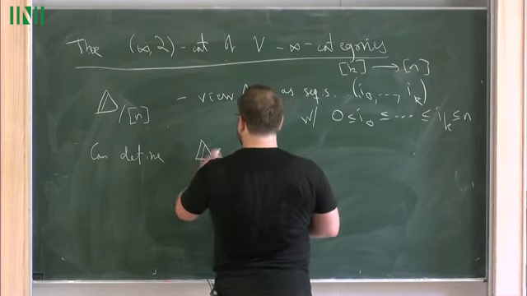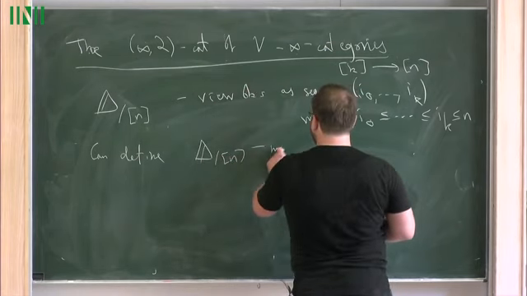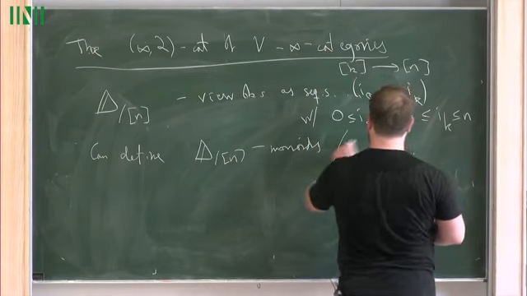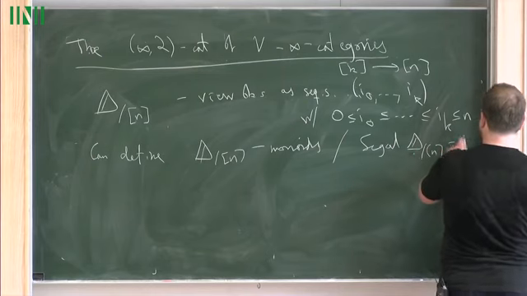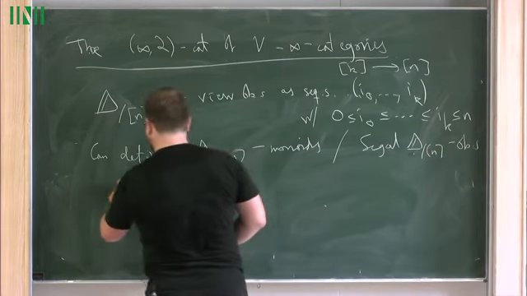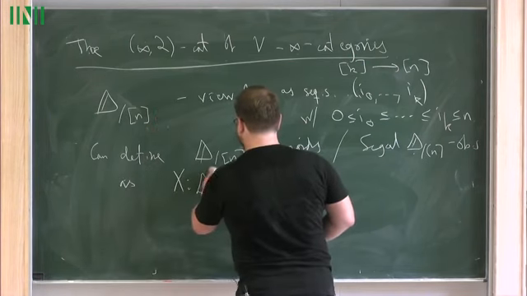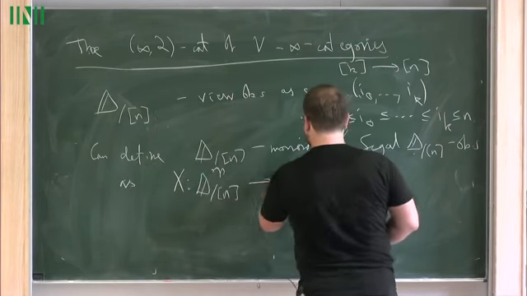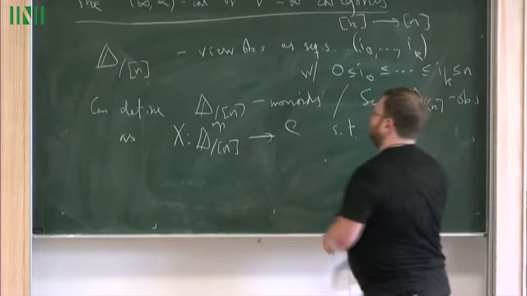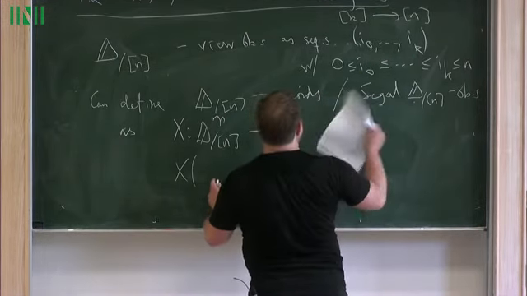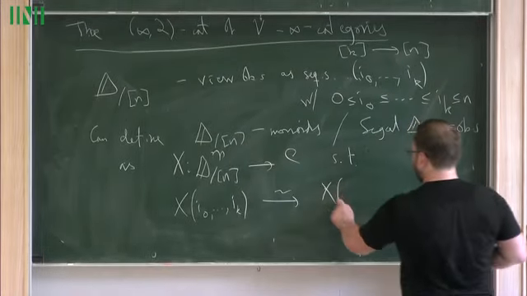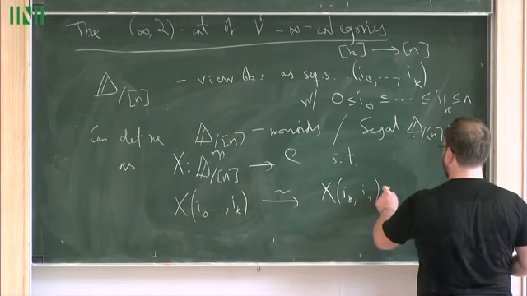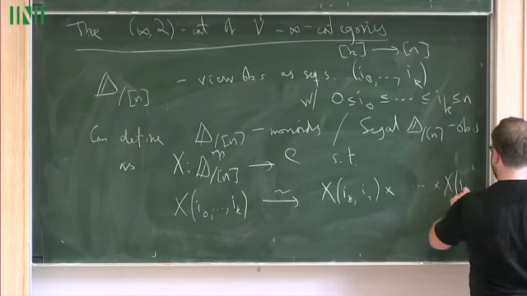So I can define delta over n monoids and Segal delta over n objects as presheaves delta over n to C, such that for monoids we want x evaluated at the sequence i0 to ik to be equivalent to the product x(i0 i1) cross dot dot dot cross x(ik minus 1, ik).